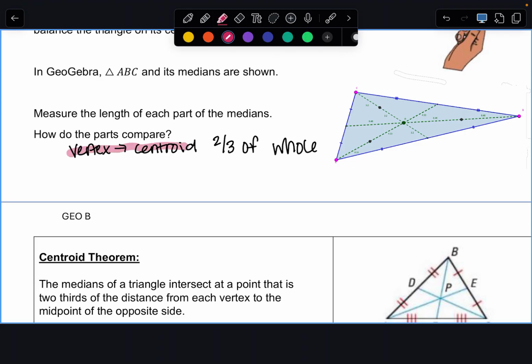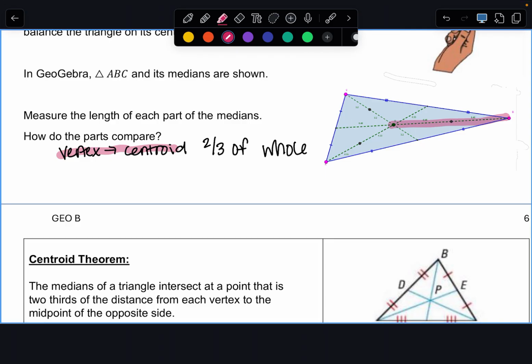So this piece right here was 2 thirds of the whole. The other smaller piece from the midpoint to the centroid was 1 third of the whole.